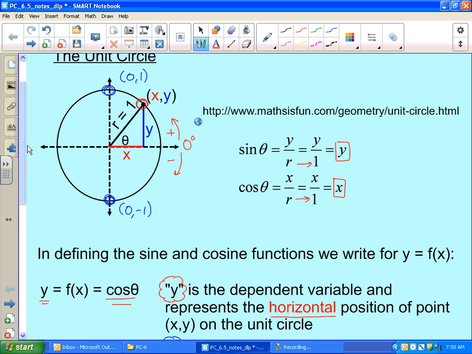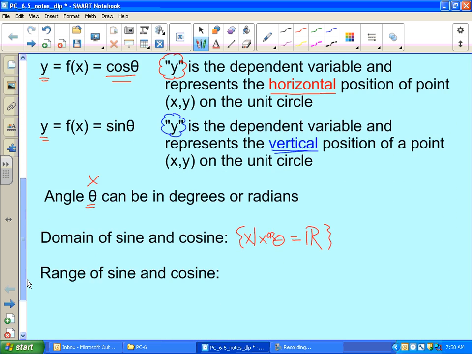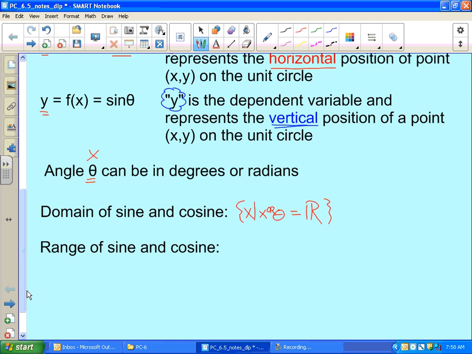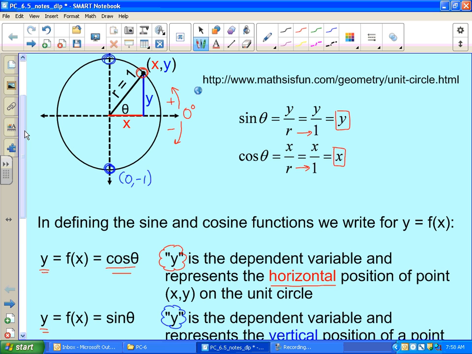And it goes in between 1 and negative 1. And the range, being this y value that we're measuring, this y value, again, could represent this x distance for cosine, but it could also measure the y value for sine. Even if it did the cosine distance, let's check that out.